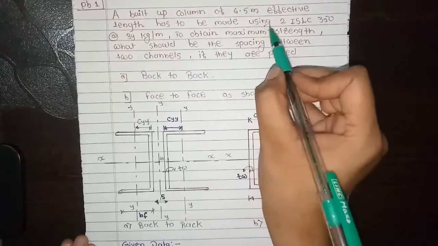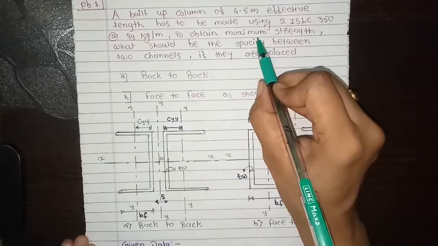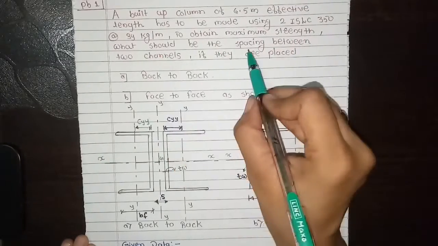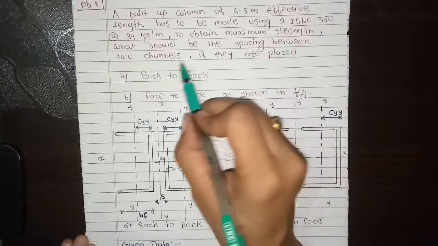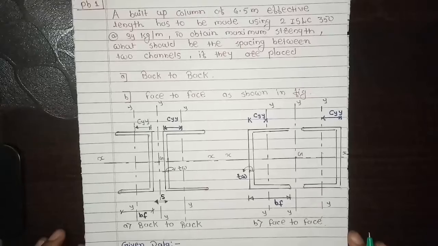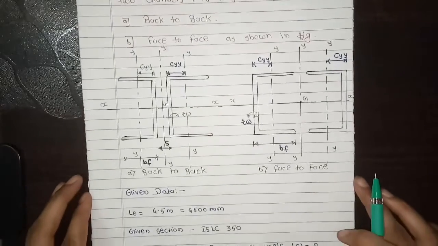Okay, to find out maximum strength, denoted by P, and to find out spacing between two channels if they are placed back to back and if they are placed face to face.